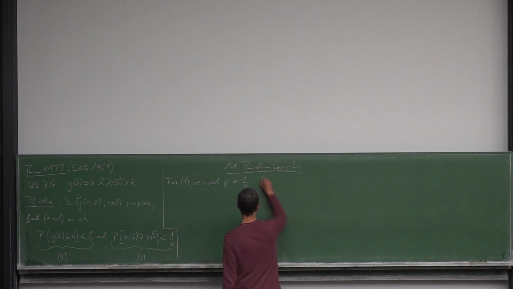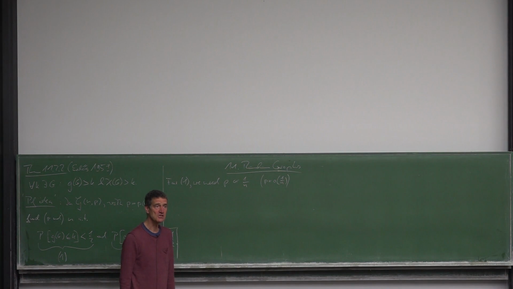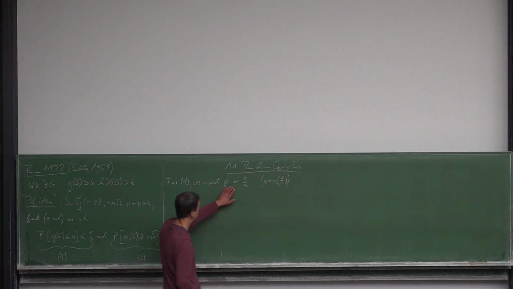So more precisely, p is little o of 1 over n, for those of you that have seen this before. So we want p to be of a lower growth rate than 1 over n. So I'm thinking of 1 over n as growing, which of course is a little counterintuitive, right? It should grow even less than 1 over n.